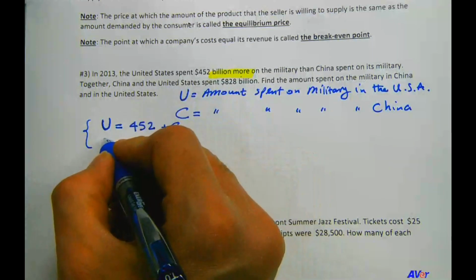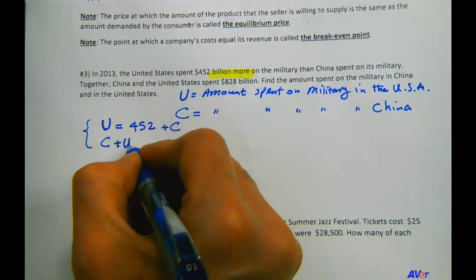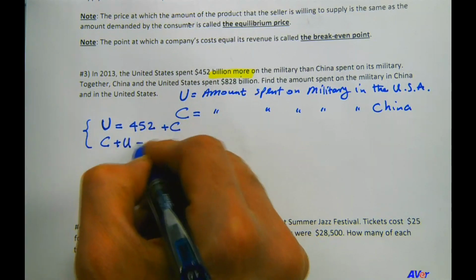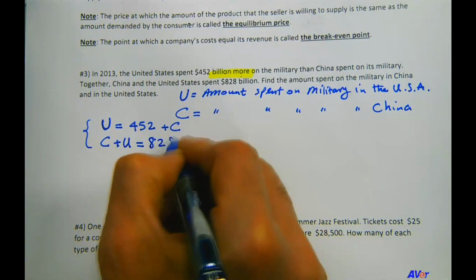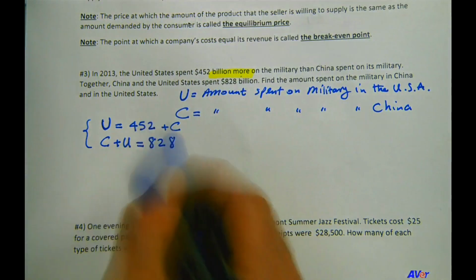So China plus United States, that's together, China plus United States has spent $828 billion on military.